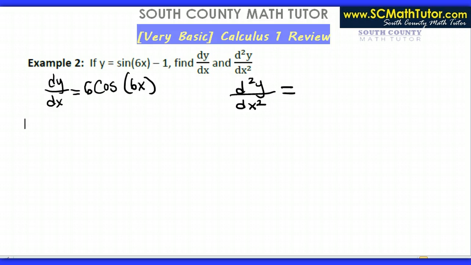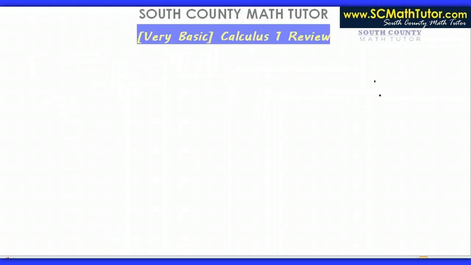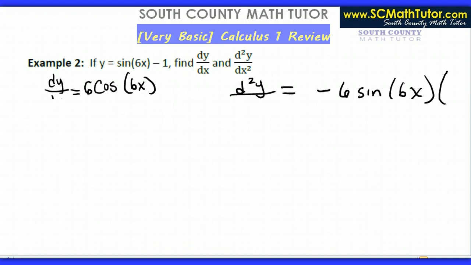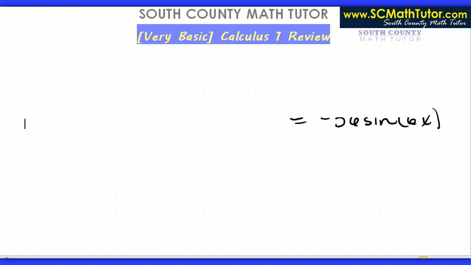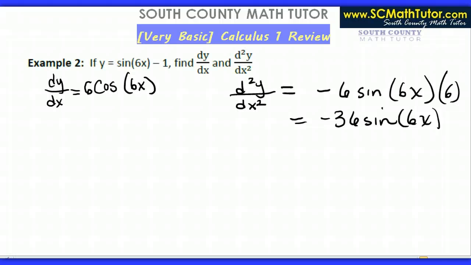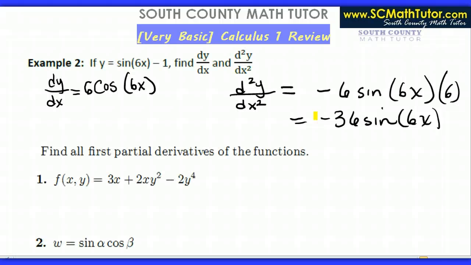The derivative of cosine is negative sine. So this is negative 6 sine 6x times, again, the derivative of what's inside. So this ends up being negative 36 sine 6x. Okay, so that's my final answer right here.